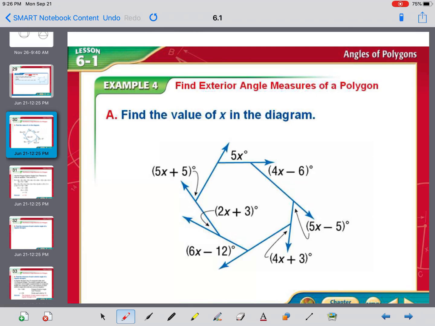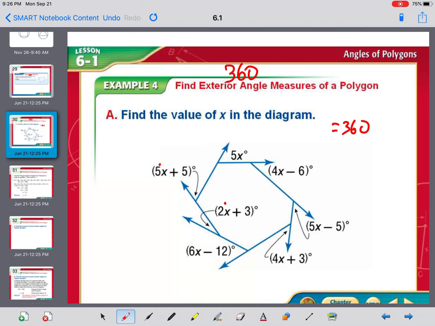So here is a many-sided polygon. We don't care about the interior angle measures. What we care about is the exterior angles, which have to add up to 360. So when we add all of these up, we get 360.